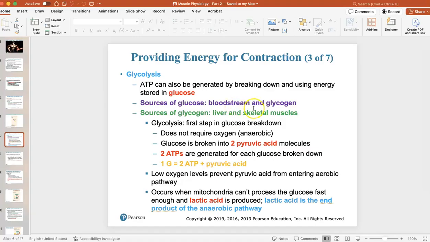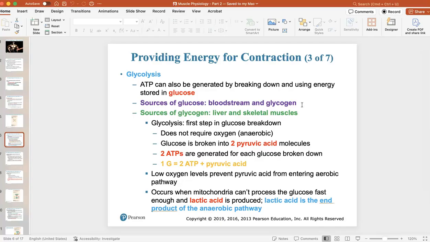Common sources of glucose that we pull from to make ATP are glucose in the bloodstream, so blood glucose levels, and then what's called glycogen. Glycogen, we've talked about this in class, and I don't actually know a specific number here, so don't quote me on anything, but glycogen is a storage molecule made up of many glucose molecules linked together.